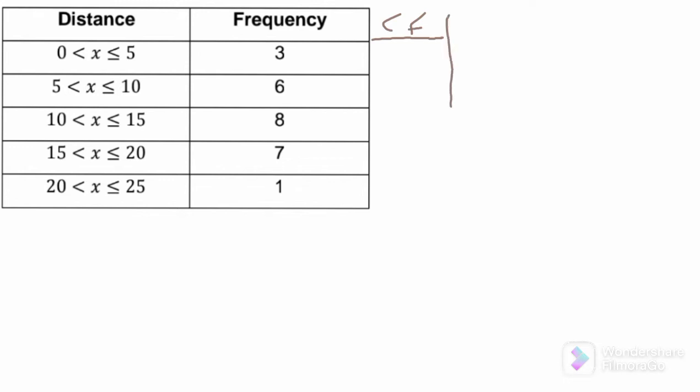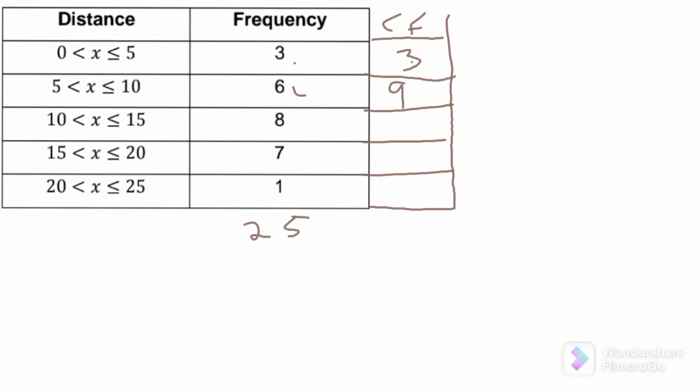We know that the total number here is still 25. Let me just make these lines here to divide this. The first thing we're going to do is say 3 plus 0 because it's the first one. It's 3. And then you say 3 plus 6 over here. It is 9.